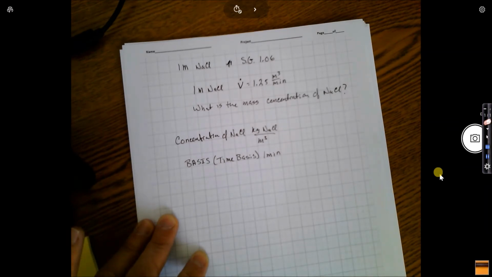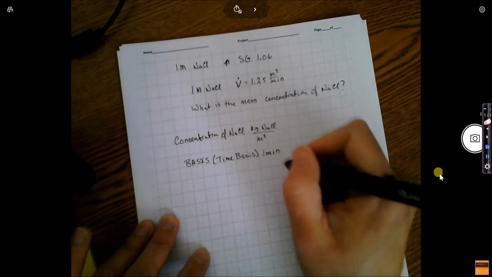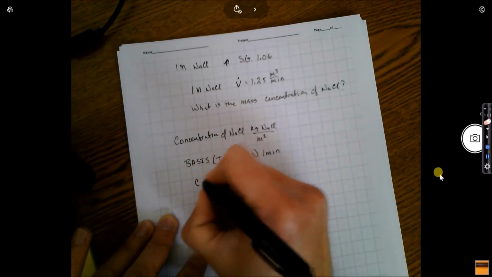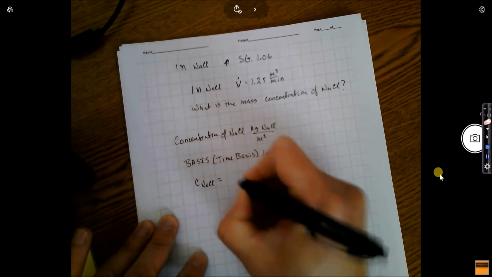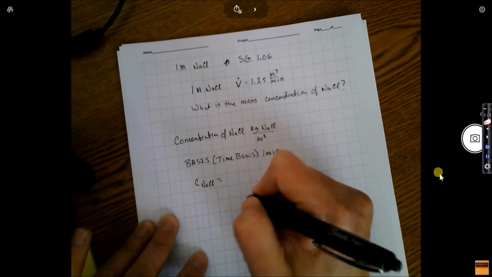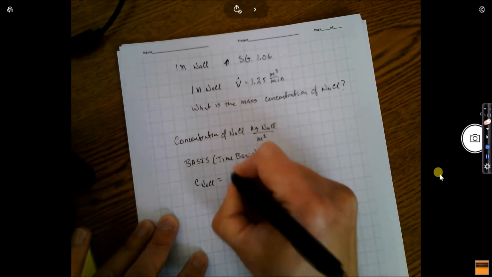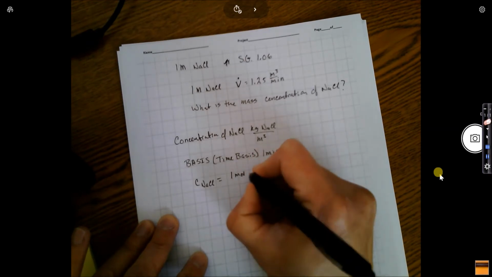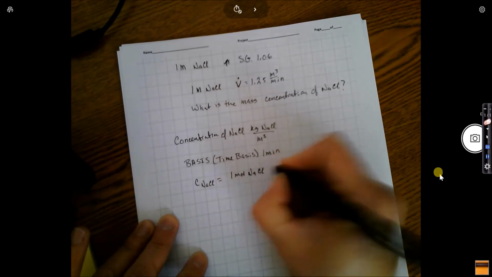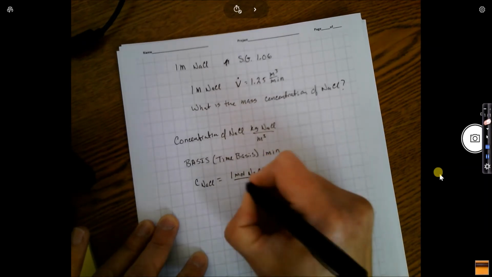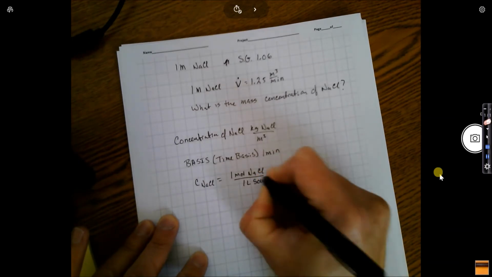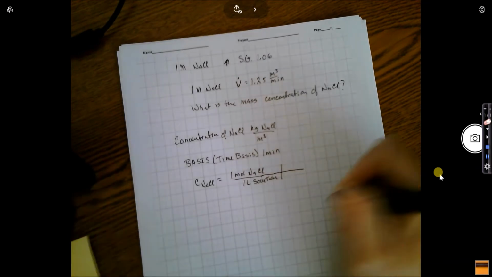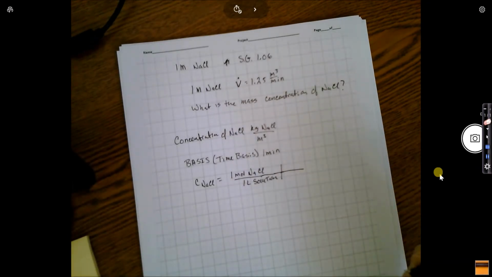So we know our concentration of sodium chloride. Let's use some notation to start our calculation, and start off with what we know. We know we have 1 mole of sodium chloride in 1 liter of solution.